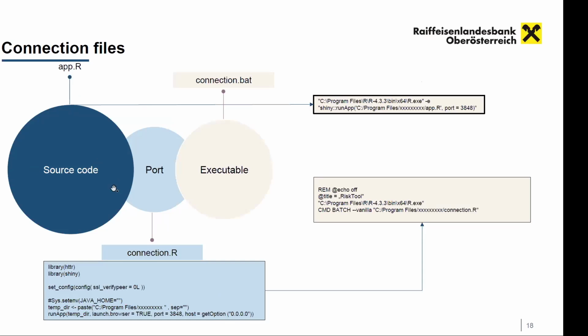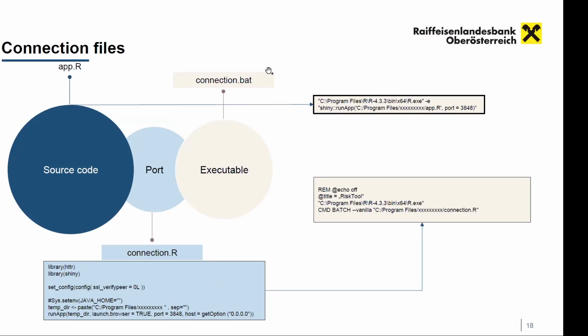So you have your source code that we provided to you. You would only have to create a connection.R file, which, as I put here in the last line of the source code, would have your host, meaning your server address, mentioned. And then you have a port where you deploy it. So let's assume 127, I don't know, 25, 25, 27 would be your server address, and then you would add the port to the host, which would be the full internal address for your tool.